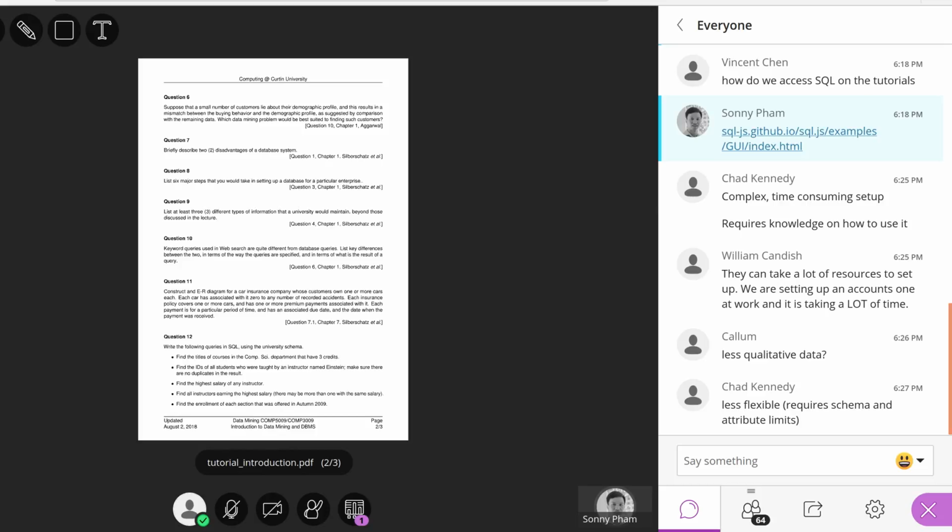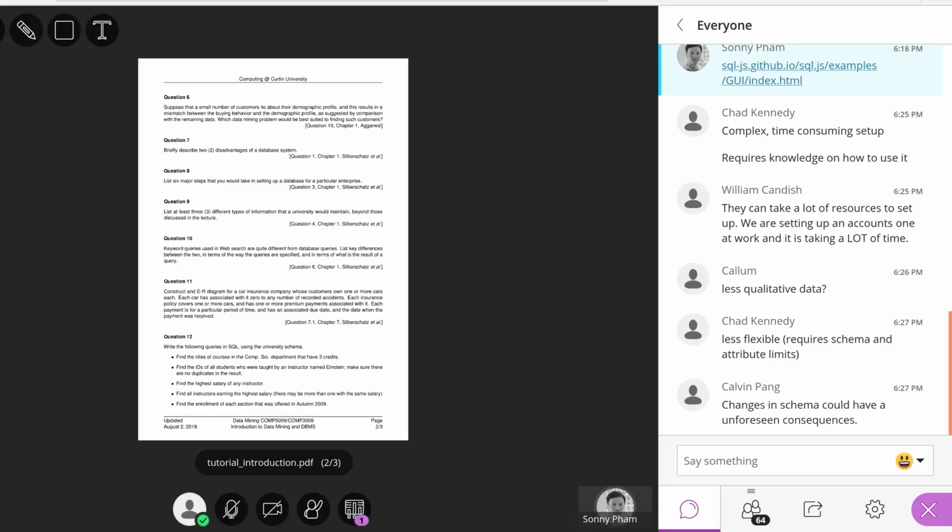And as I said before, databases tend to be very complex, and depending on the job, if the job is not that complex, then maybe a database could be overkill. Yeah, changes in schema could have unforeseen consequences.